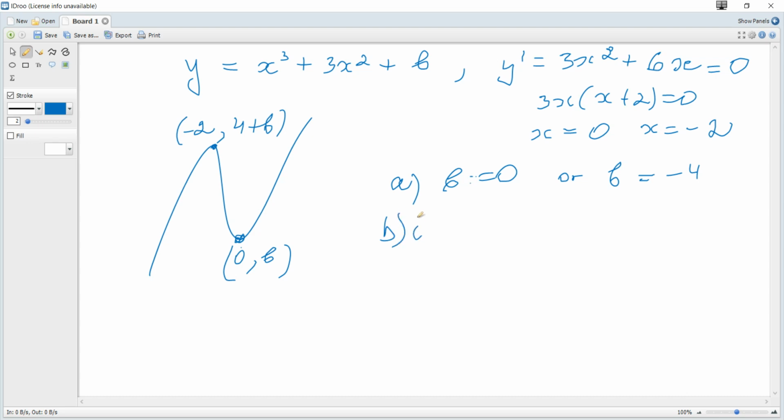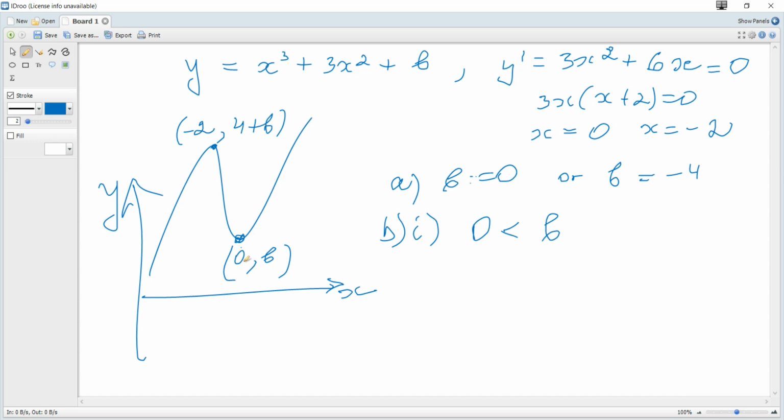And for part (i), we need exactly 1. It's when the x-axis, the horizontal line with equation y is 0, is below this point with y coordinate equal to b, so 0 must be less than b, or from the other hand this point must be above the x-axis, so the y coordinate b must be greater than 0.